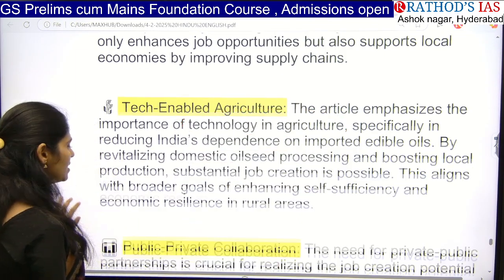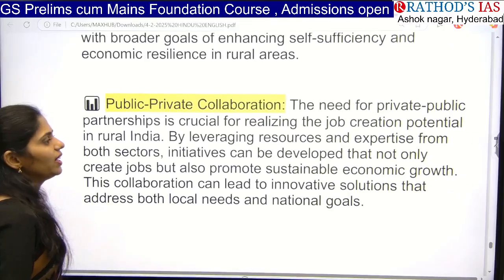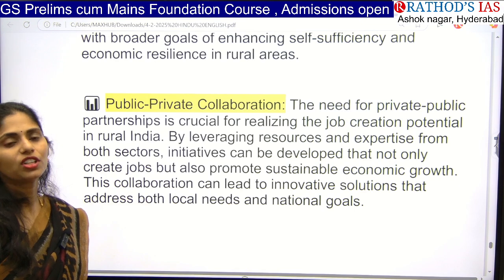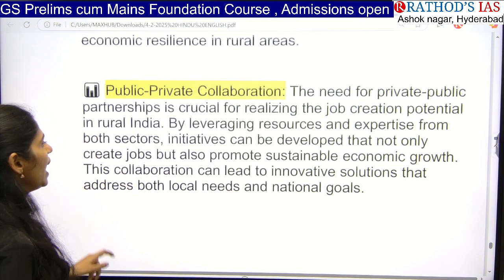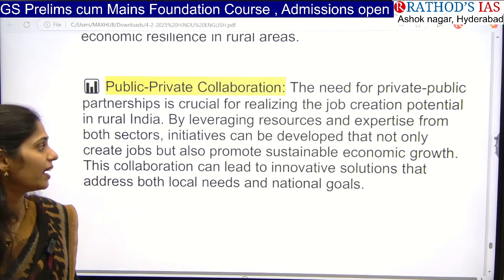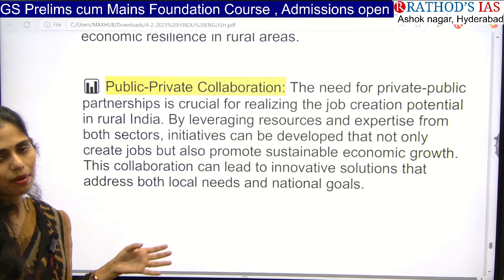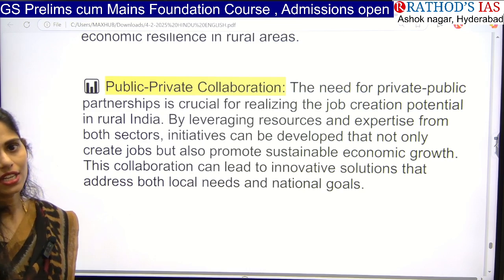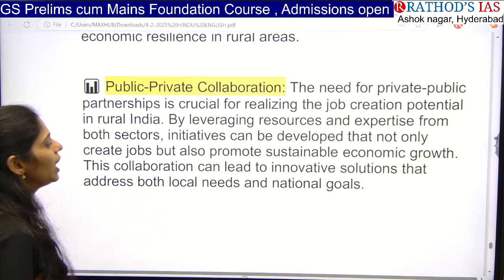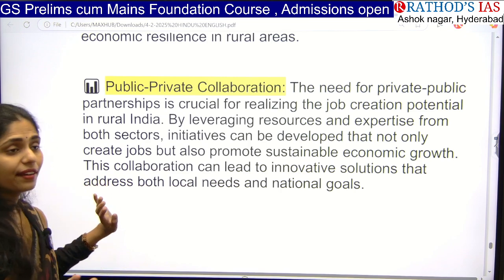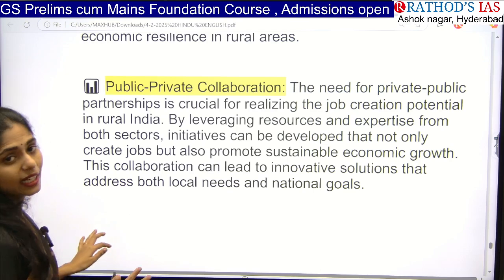And the last point here is that we need to go for public-private partnership. It is very important for job creation in our country. Especially, we have to focus on research in different sectors and resources, so that we can promote sustainable economic growth, and even come up with innovative solutions and address local needs as well as national goals.